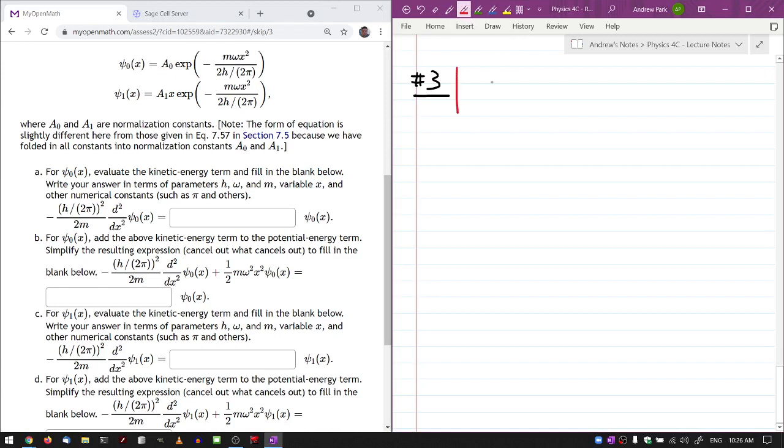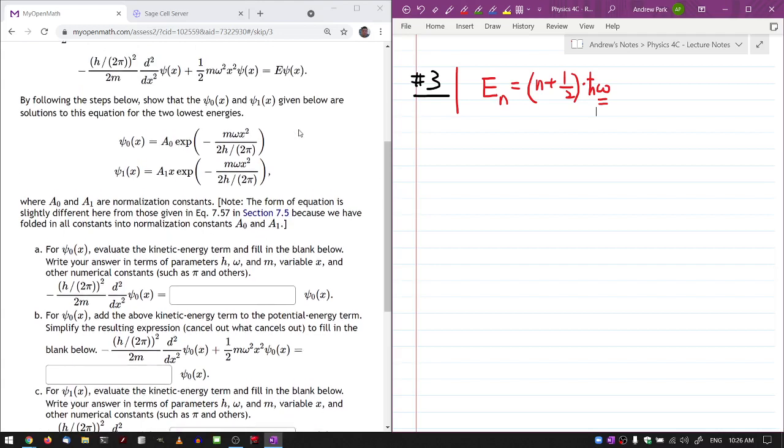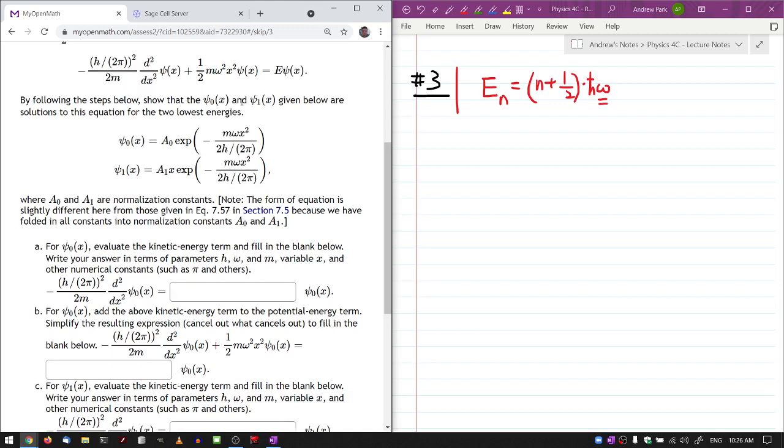It's given in the textbook that the energy levels of the simple harmonic oscillator are given by n plus 1/2 times h bar omega, where omega is the expression occurring in the potential form for the Schrodinger equation, or the natural oscillation frequency of the oscillator. So that's what's in the textbook. Now you can't just plug this in. It's broken this way so that you have to go through the calculations. So let's go through that.